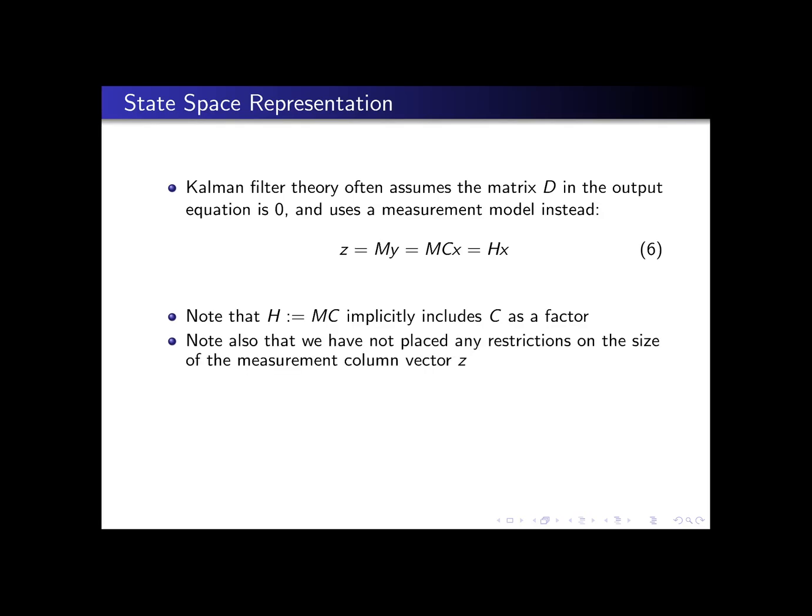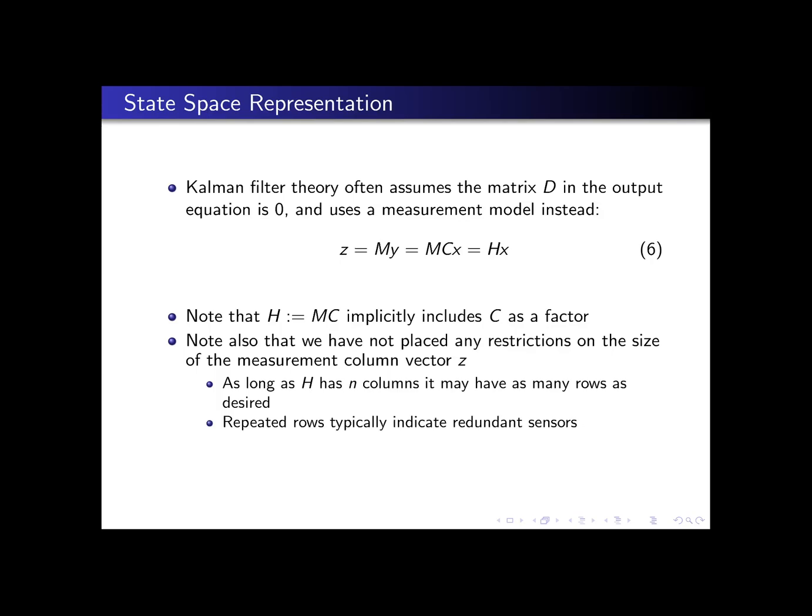Okay, note that we haven't placed any restrictions on the size of the measurement column vector z. As long as H has n columns, it may have as many rows as desired. The repeated rows typically indicate redundant sensors.